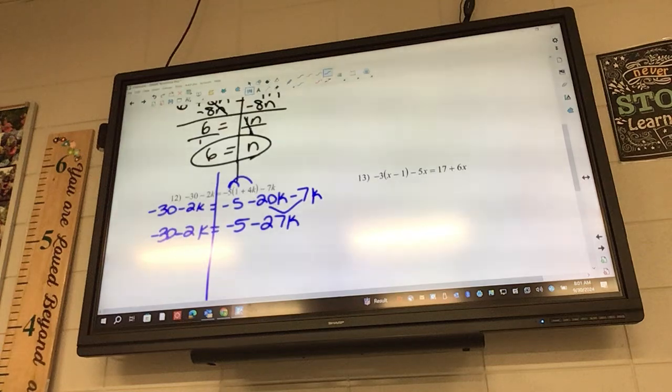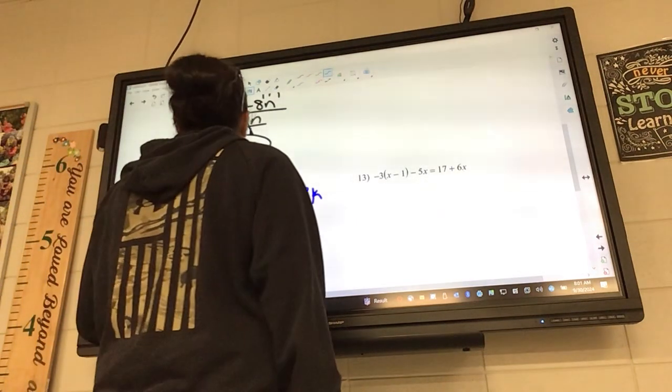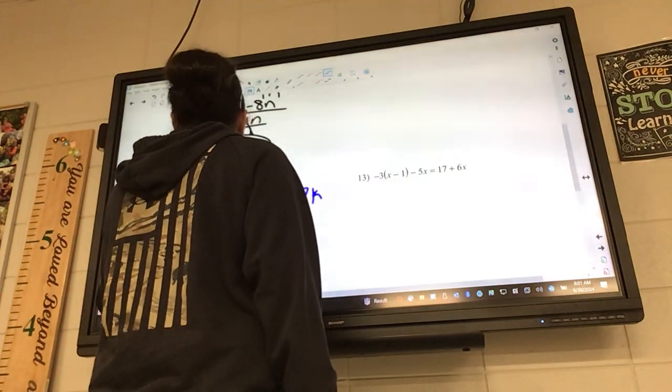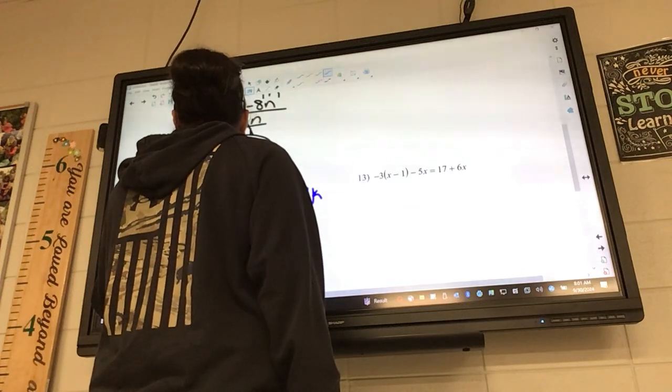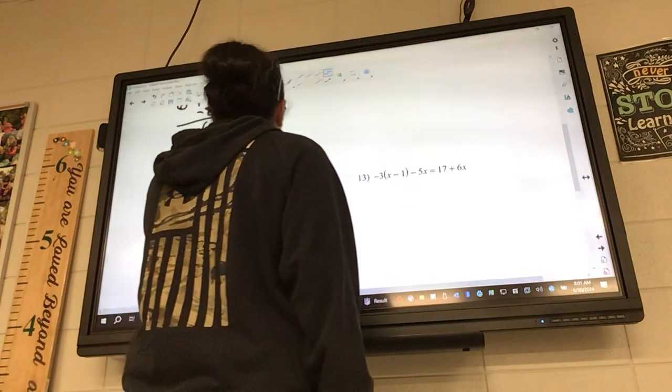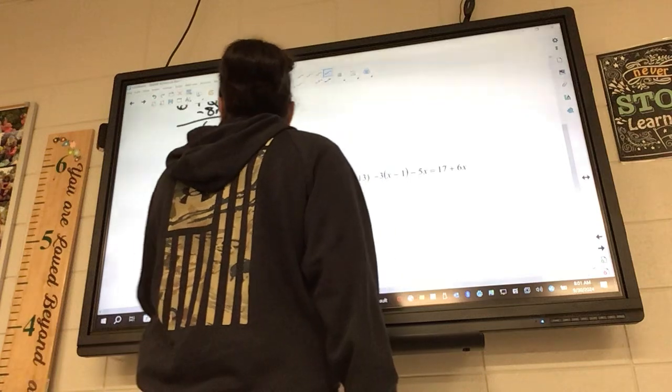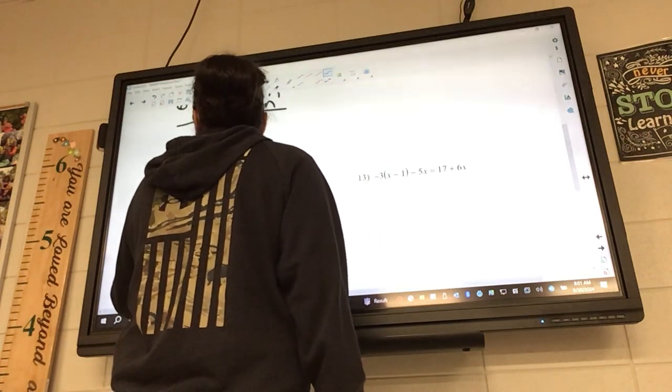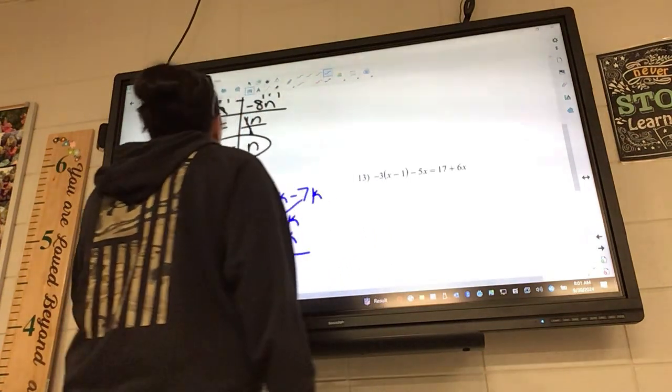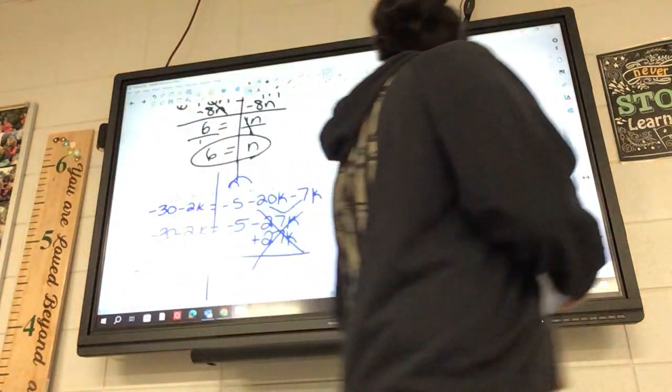Okay, and then from here, you're going to move your letters to the left and the numbers to the right. So who needs moved? 27k. You can do the 2k though. I mean, it's not exactly wrong. It's just not my preferred.